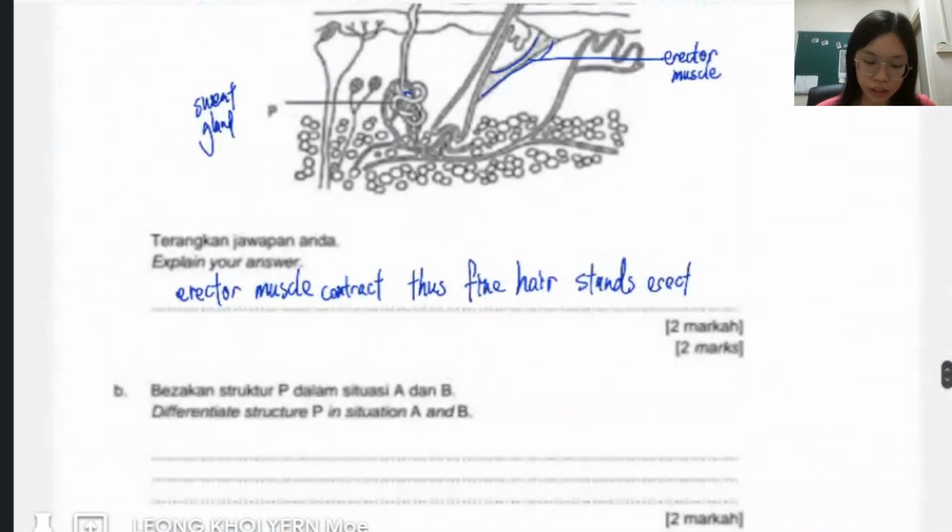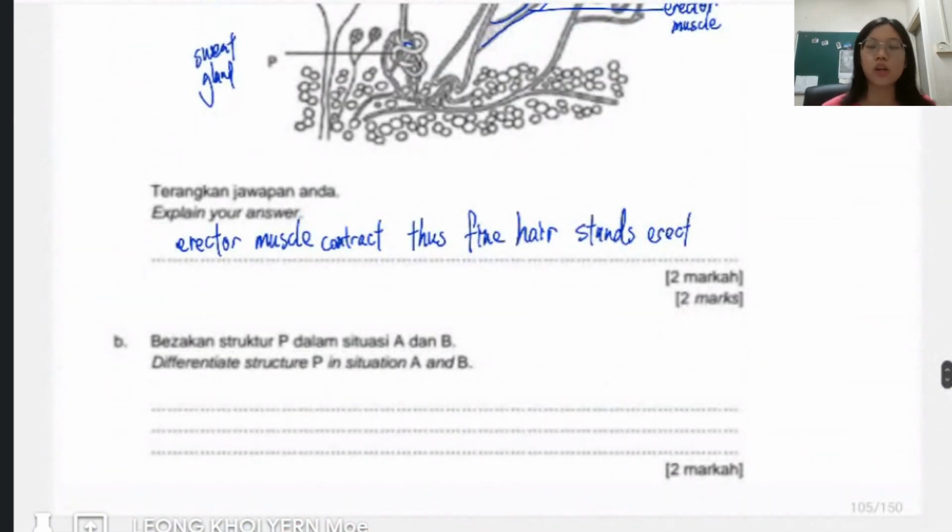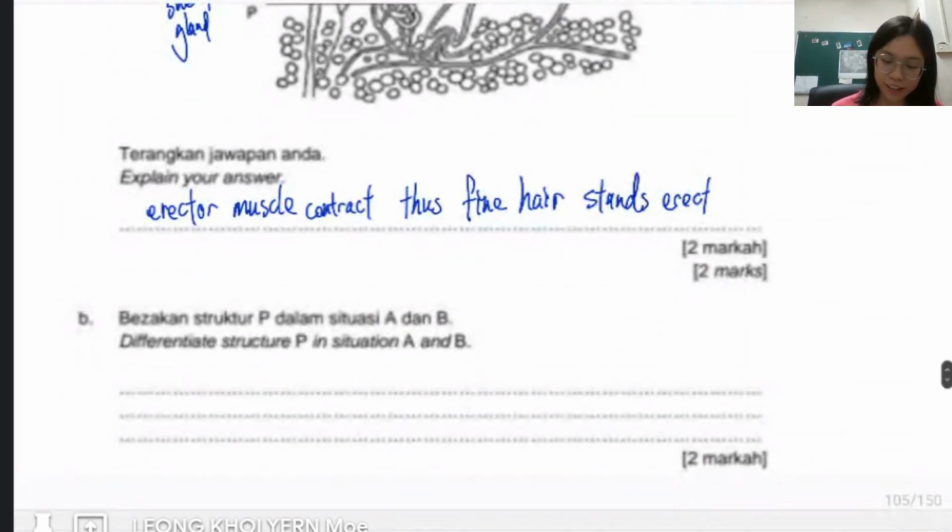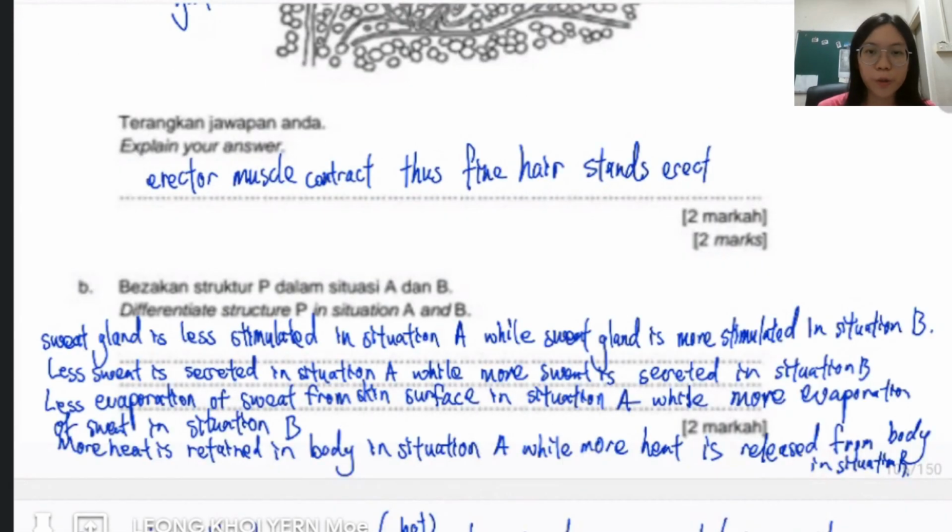So right here, when you want to focus on the sweat gland, because this only focuses on sweat gland, you are going to say that the sweat gland is less stimulated, while in situation B, the sweat gland is more stimulated. After talking about that, the main thing is you have to mention the sweat gland. Is it less or more stimulated? When it's less stimulated, it means lesser sweat produced.